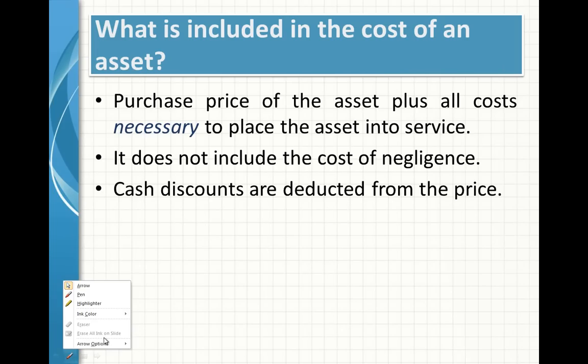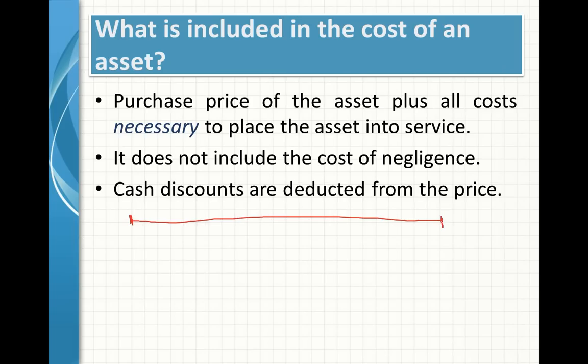So the machine has to be brought from the supplier place to our factory. If it is machinery, all the subsequent expenses you incur from here to here, this amount plus the amount you paid to the supplier, and subsequent expenses plus installation charges plus any training costs and trial costs.